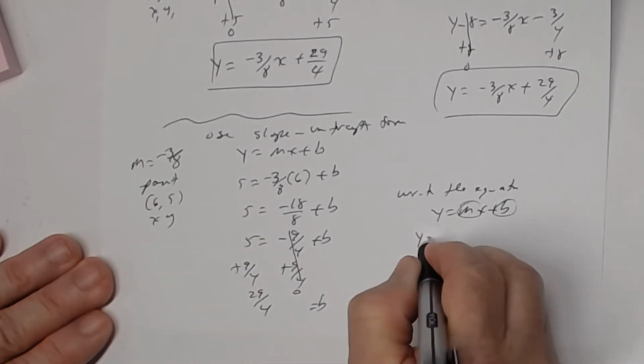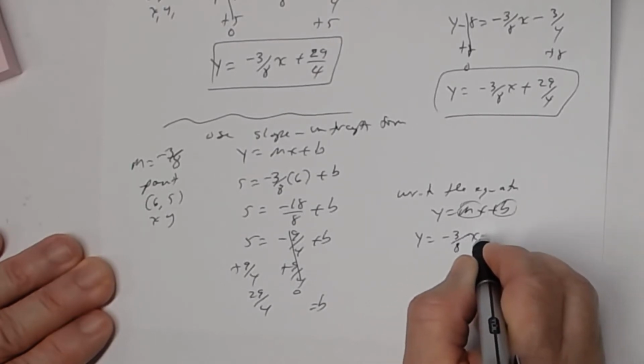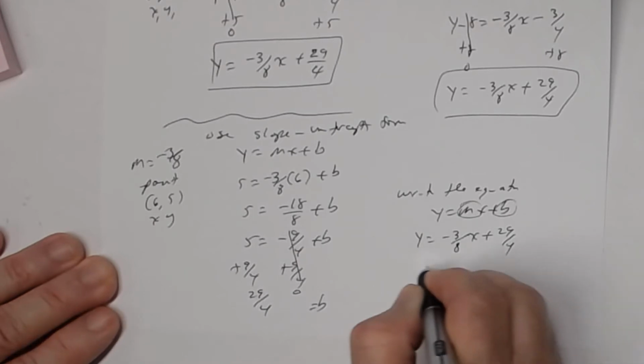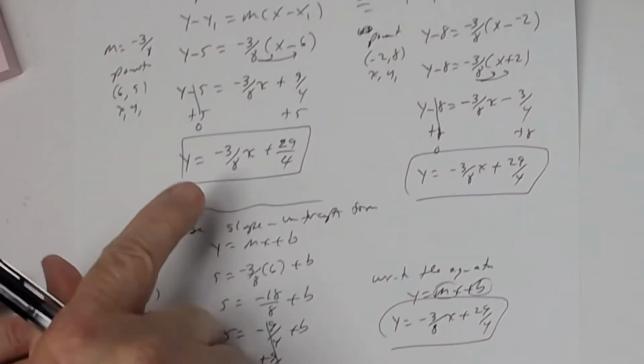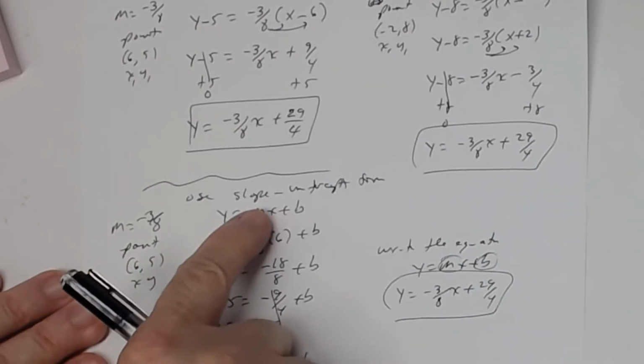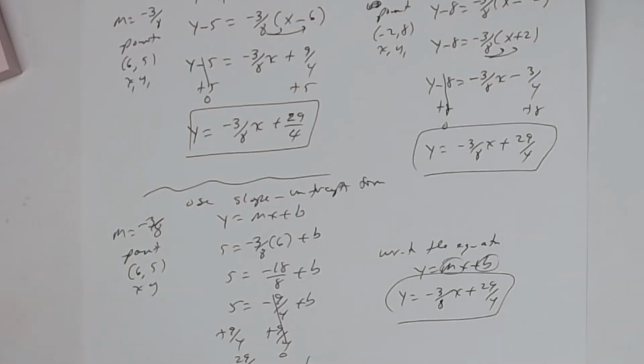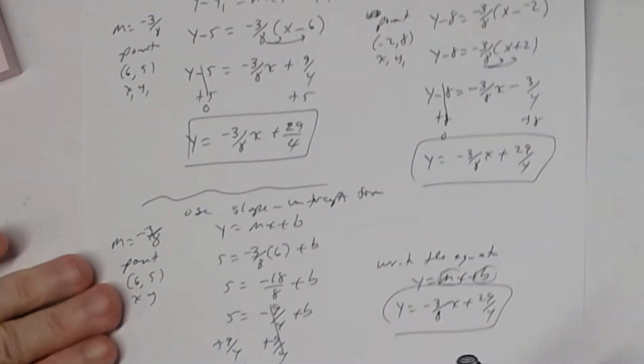So I get y equals negative 3/8 x plus 29/4. So regardless of which approach you take, you get the same answer. If someone else had used the slope-intercept form with the other point, you would get the same answer. All right, so that is number 22.